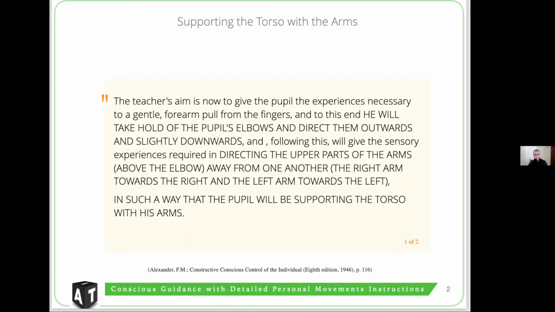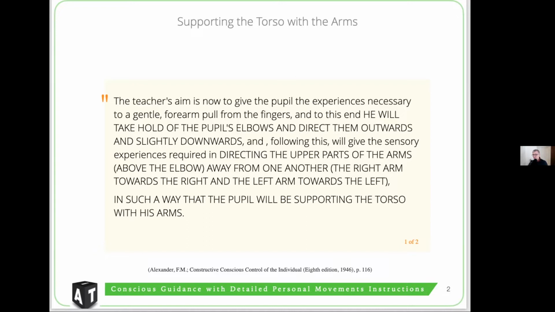And following this, will give the sensory experiences required in directing the upper parts of the arms above the elbow away from one another, the right arm toward the right, and the left arm toward the left, in such a way that the pupil will be supporting the torso with his arms.